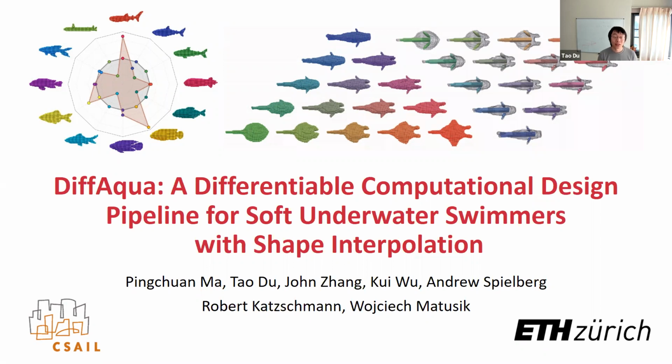In this paper, we're using the simulator we described to explore the design space of marine creatures, which have a lot of different morphologies and variations in topology. The idea is to propose a carefully parameterized design space for all of these different marine creatures.